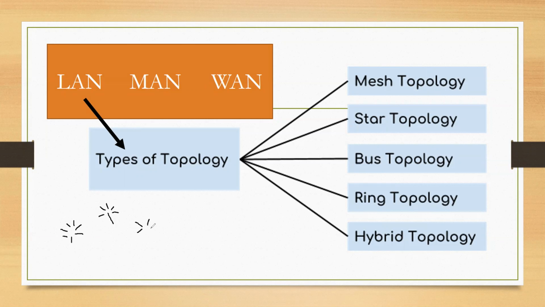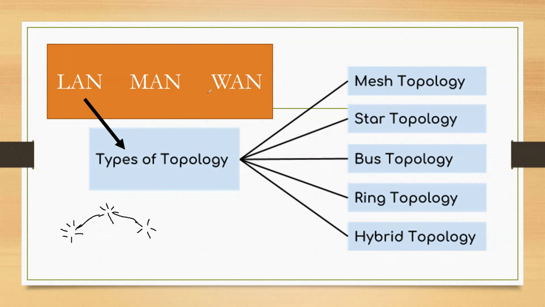All these local area networks in nearby cities, when they are connected to each other, we call it a metropolitan area network. That is very important.